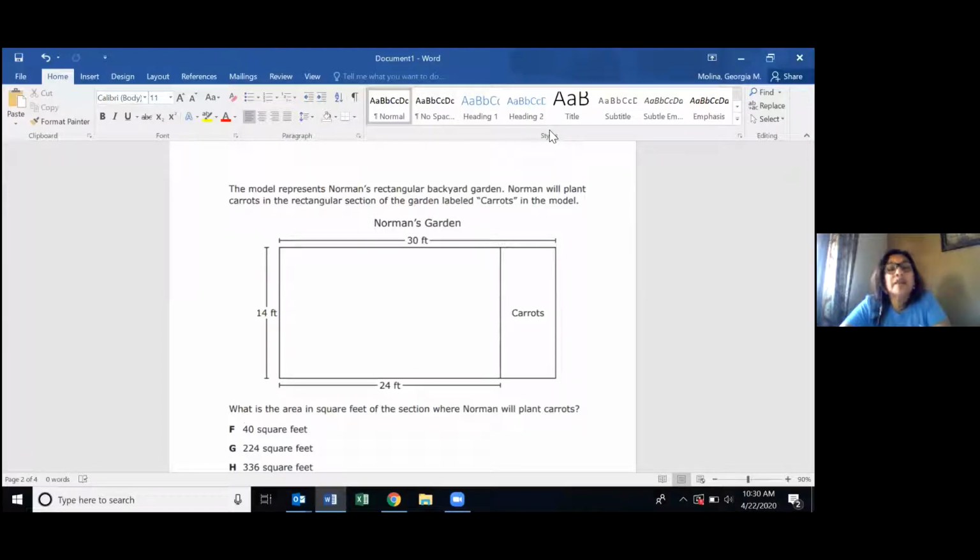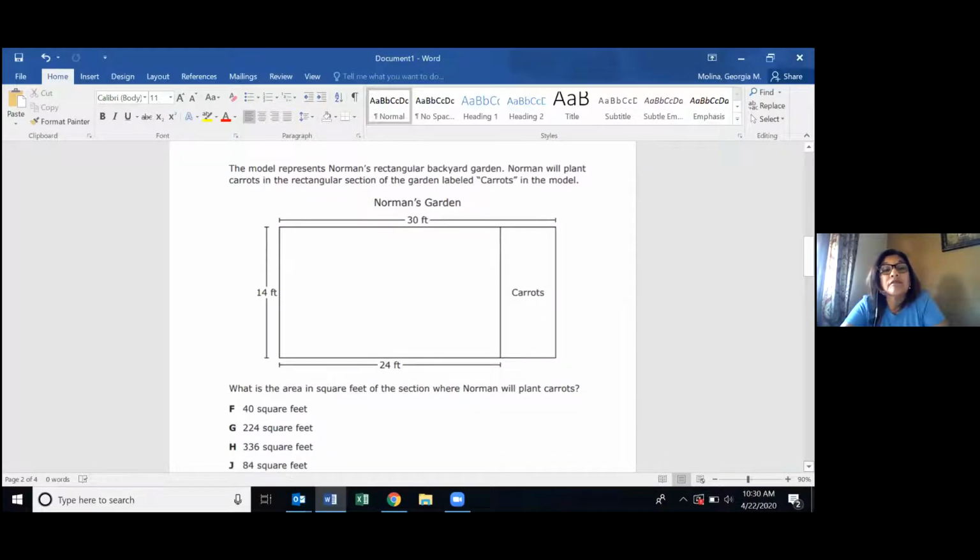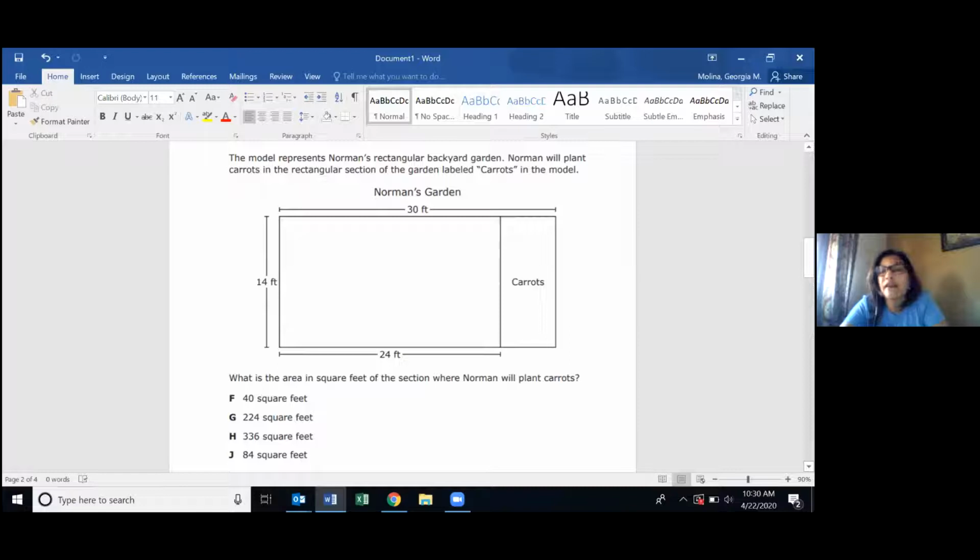Norman will plant carrots in the rectangle section of the garden labeled carrots in the model. What is the area in square feet of this section where Norman will plant the carrots? Now, what are we looking for, boys and girls? Area. And how do you find area? Length times width.